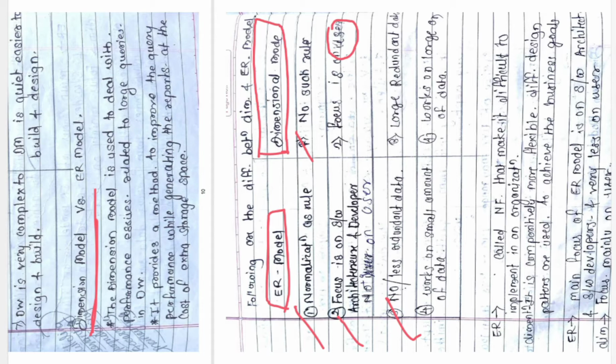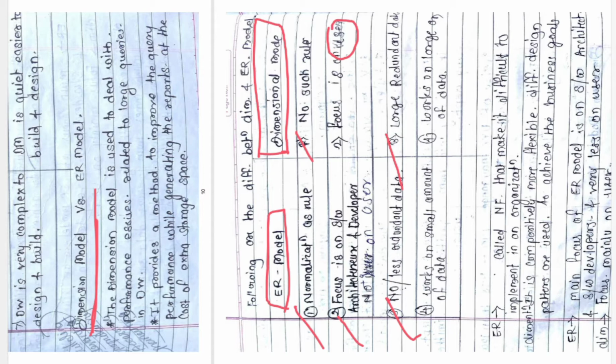But in dimensional modeling there can be a large amount of redundant data, because we are storing the data in the data warehouse, so there will always be redundant data, and dimensional modeling deals with that. Whereas in the ER model no redundant data is allowed, or only a very small amount will be there.